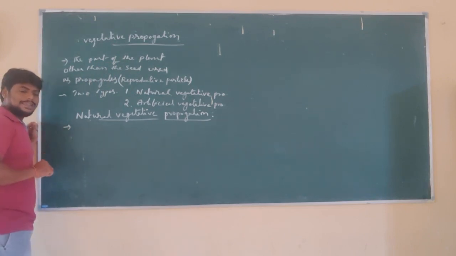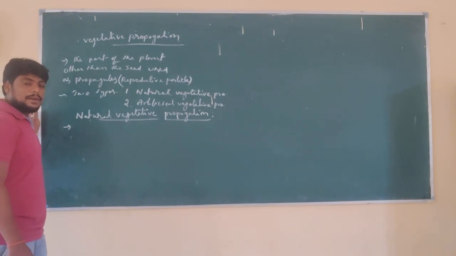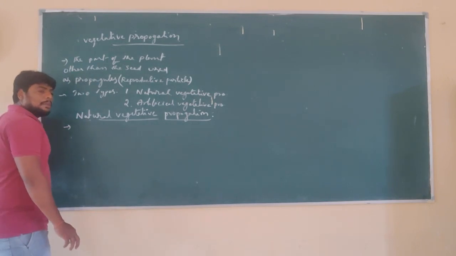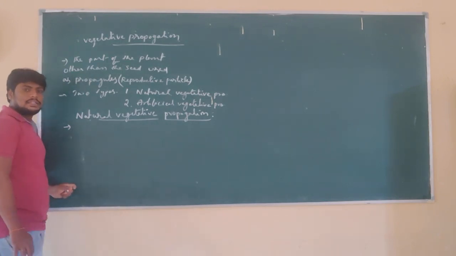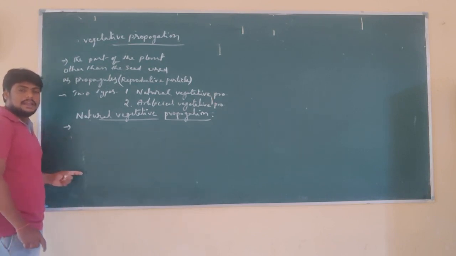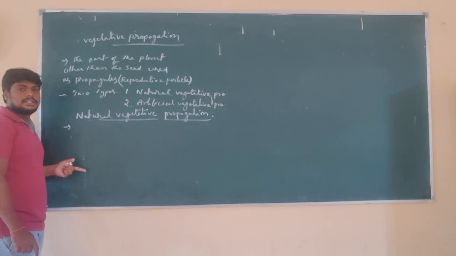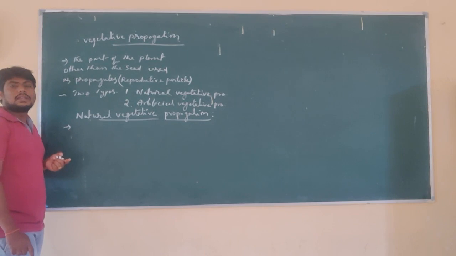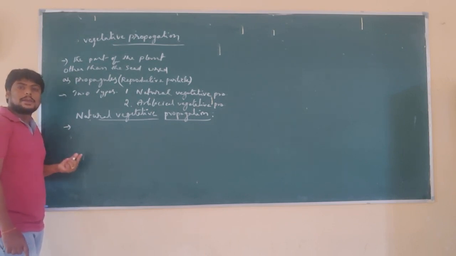Because some plants, maybe flowering or non-flowering plants, may lose the capability to produce seeds. That is one condition. Another is that they produce non-viable seeds. Non-viable seeds means even though the plants produce seeds, they are not alive.